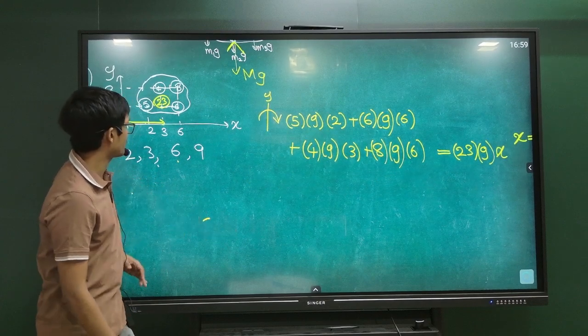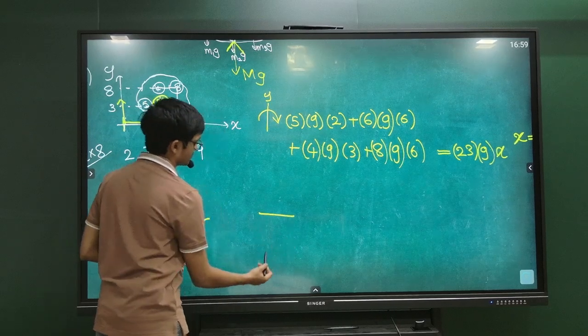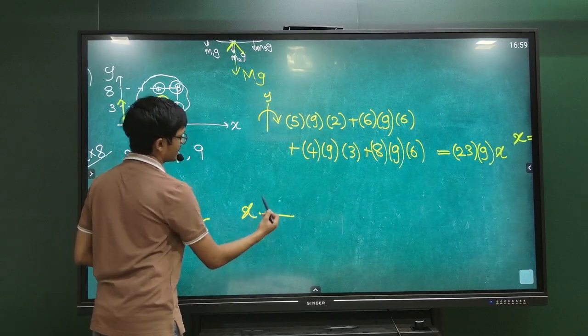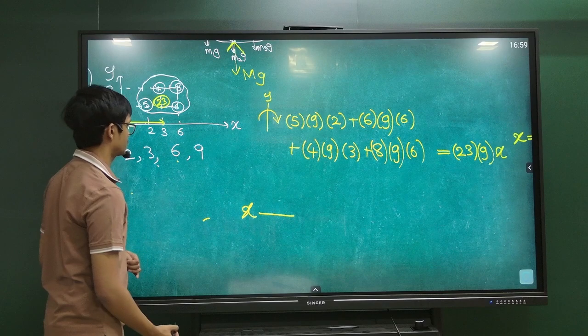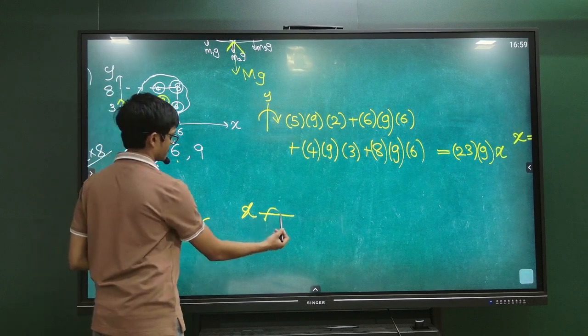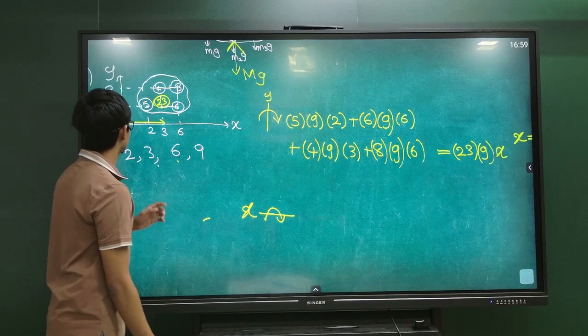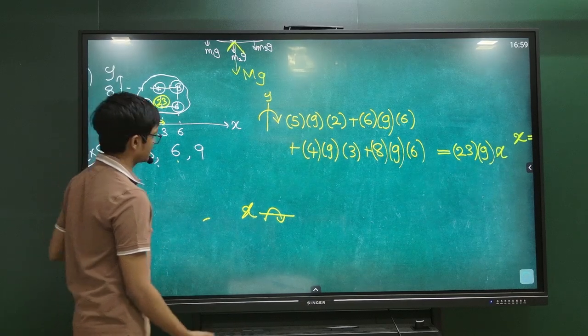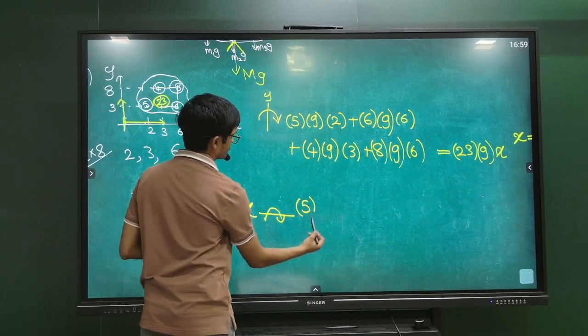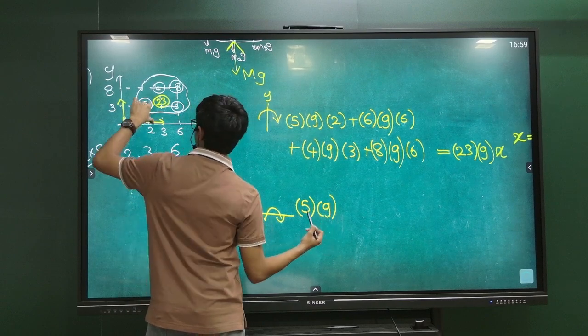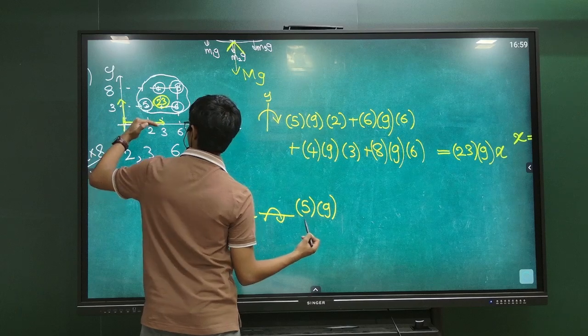Now, distance from the x-axis. 5g, distance is 3.